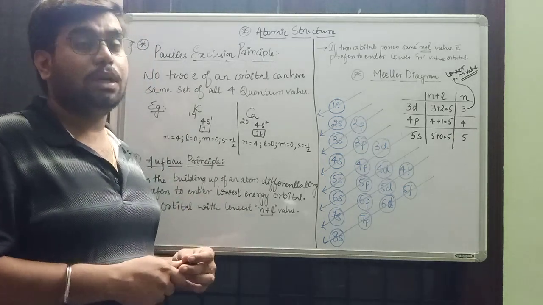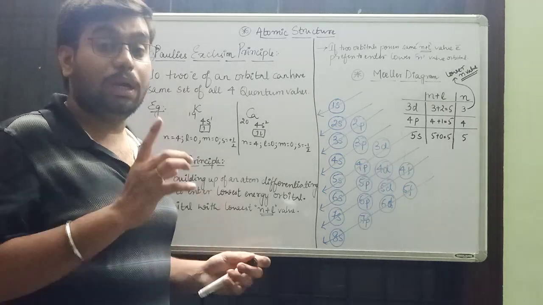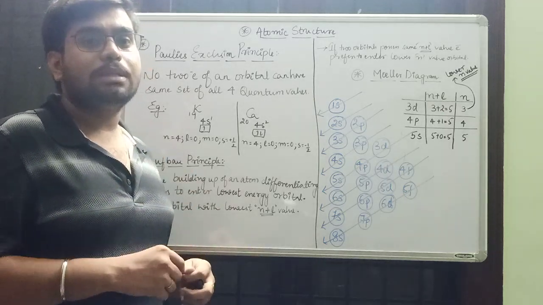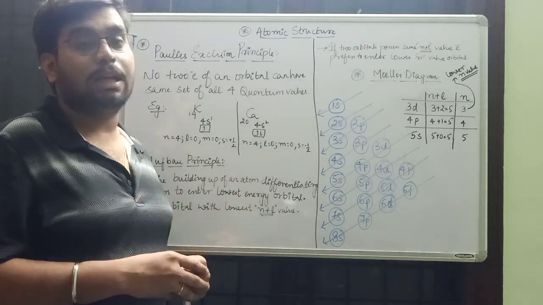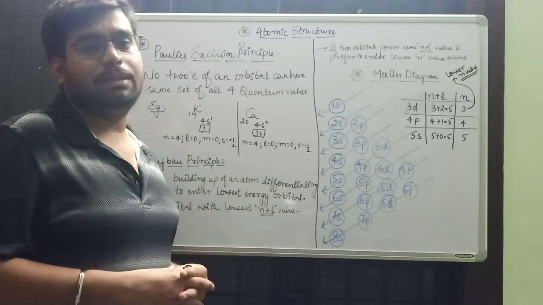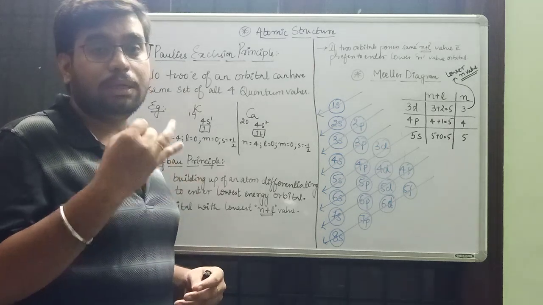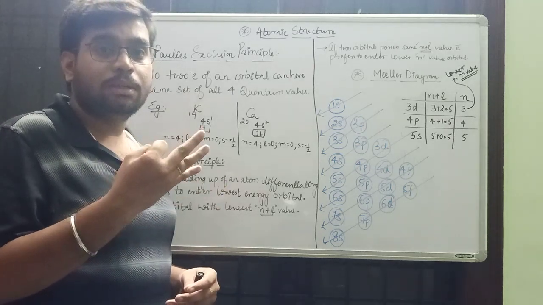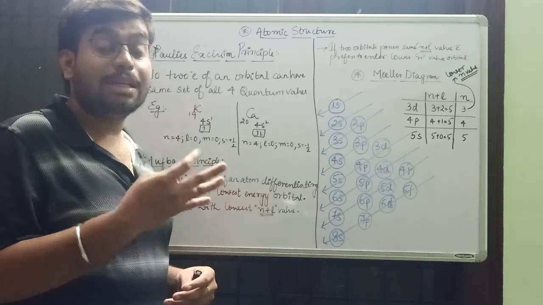Previously, in previous lectures, we covered the topic called quantum numbers. How many quantum numbers are there? There are 4 quantum numbers. What are they? They are principal quantum number, azimuthal quantum number, magnetic quantum number, and spin quantum number.